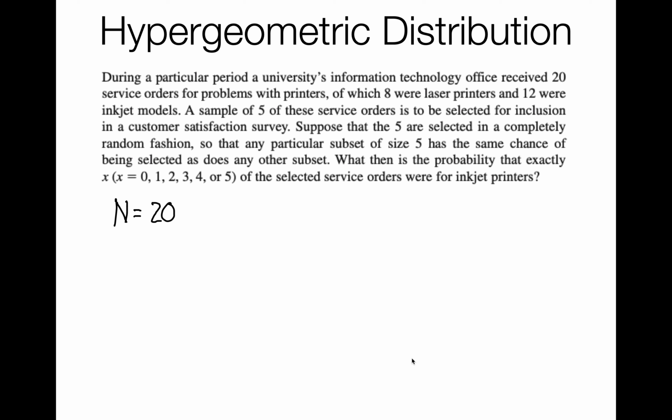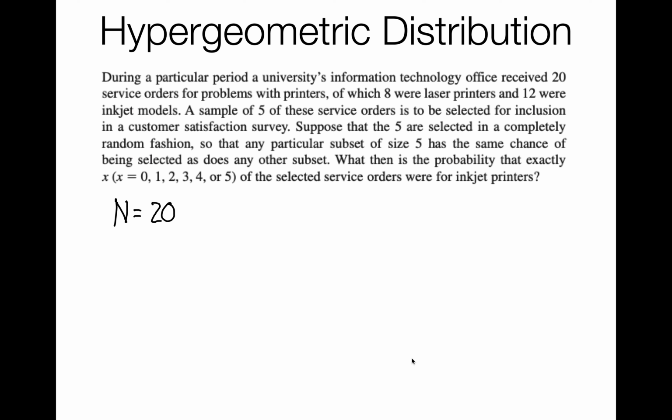A sample of size 5 of these service orders is to be selected for inclusion in a customer satisfaction survey. Okay. Suppose that 5 are selected in a completely random fashion so that any particular subset of size 5 has the same chance of being selected as any other subset.